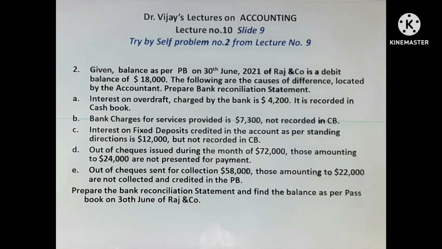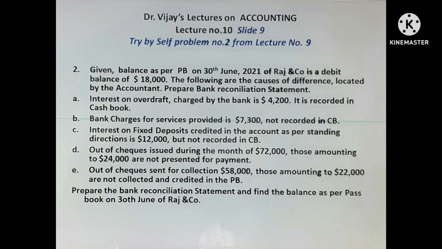Slide number 9 gives question number 2. Try By Self problem number 2. Let us go through the question carefully. Given balance as per passbook on 30th June 2021 of Rajan Company is a debit balance of $18,000. Passbook balance is a debit balance. It means overdraft.